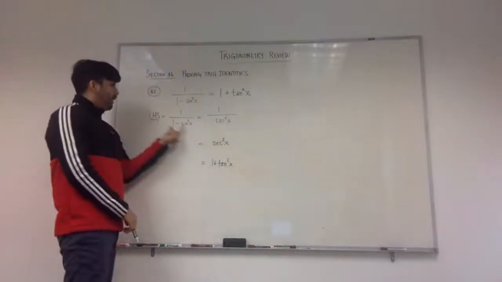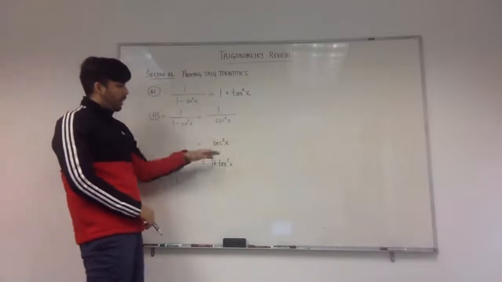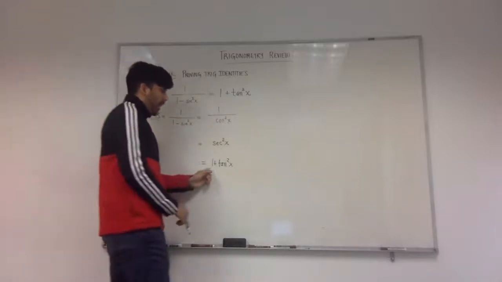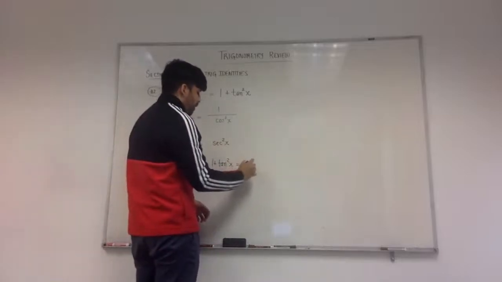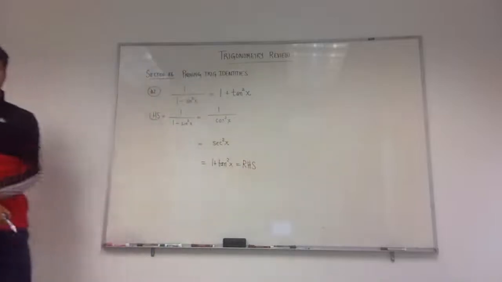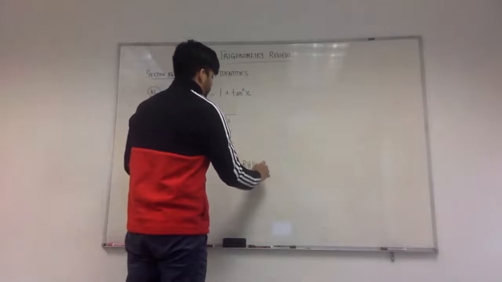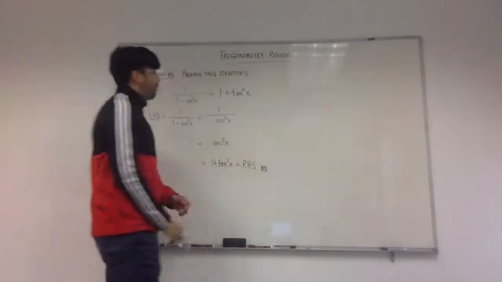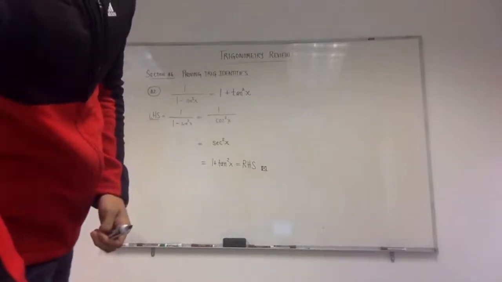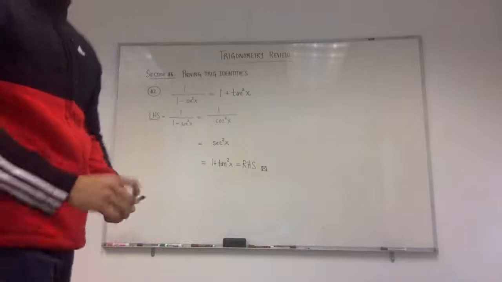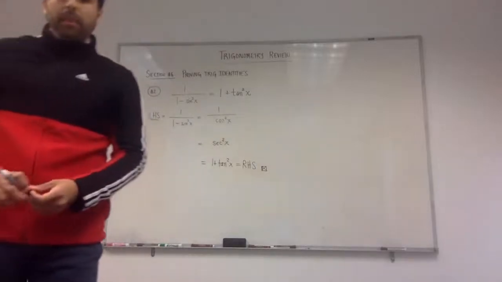So I just showed, with some substitutions, that the right-hand side is indeed the same thing as the left-hand side. And with this, I am done. I have proven or shown to you that this is indeed a true equation. Okay? So that's number 2.